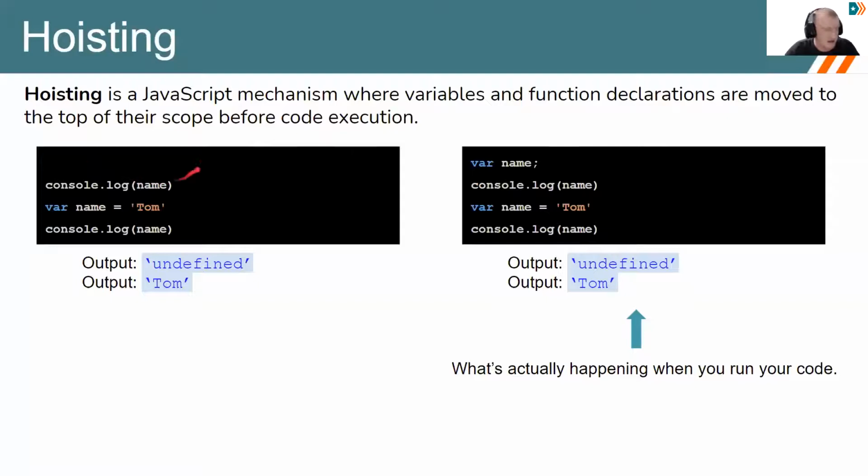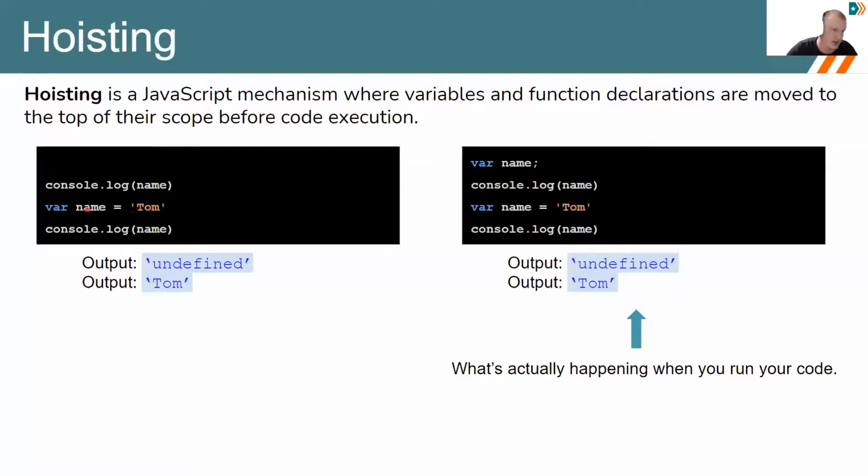So it hoists up your variable name. And when it does that, how JavaScript receives it, it says, all right, I'm going to just put this as undefined for the moment, because even though it was declared here, it pulled it up, let it initialize itself to undefined, and then your program will basically redeclare it again.